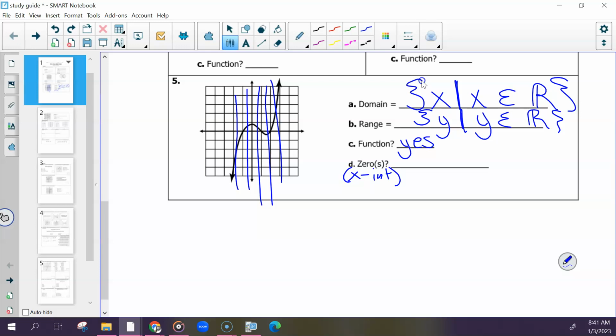Remember that other words for x-intercepts are zeros, solutions, and roots. So if we're looking for our zeros, what would those be? Where does this function cross the x-axis?